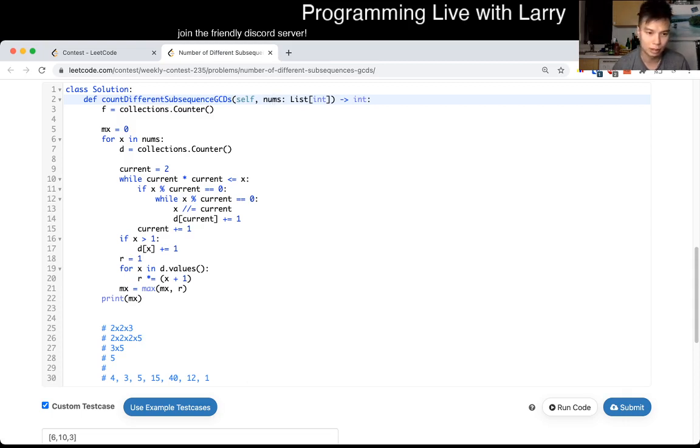Also, the 2 thing is not true. You can have this, and the answer is 2 times 5, which is 3, but it doesn't appear in only 2 of anything. Well, that's not true. Is it? Don't know.